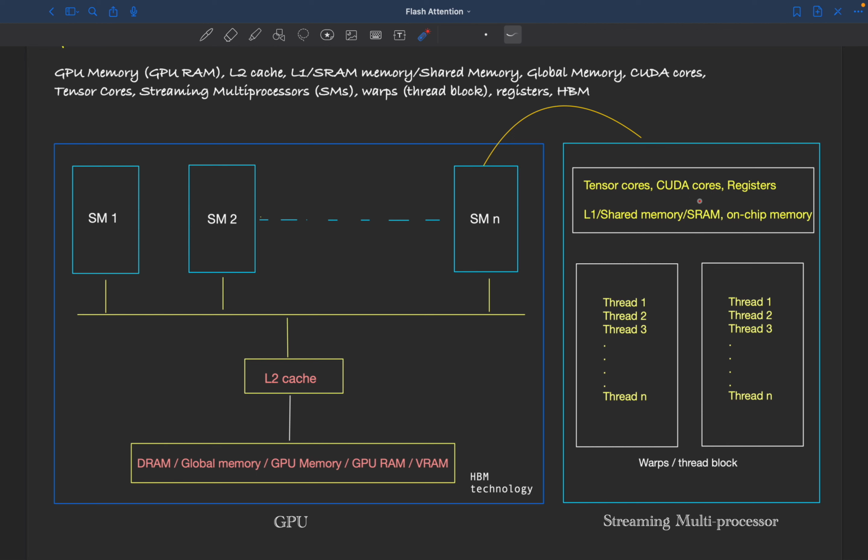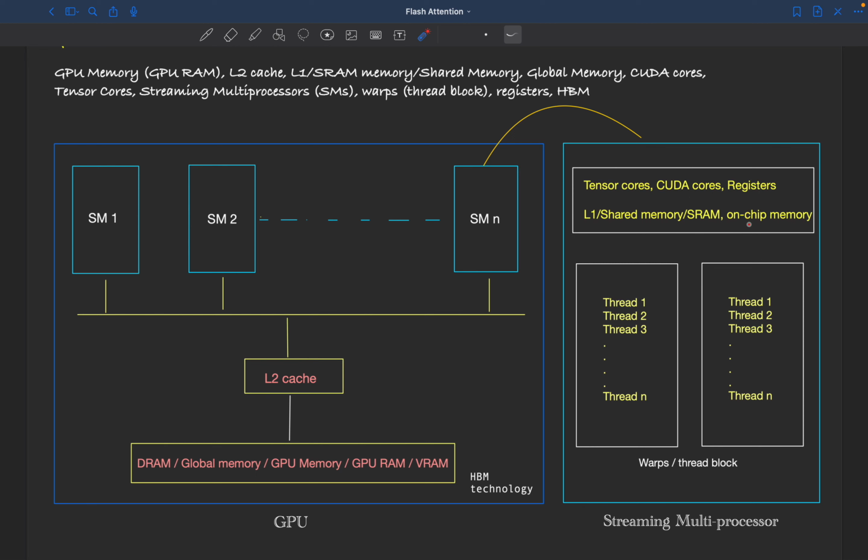We'll talk about tensor core. So tensor core is nothing but a special hardware designed for matrix multiplication. But CUDA cores are not specialized like the tensor core; they are general cores, right? And it is something from NVIDIA.